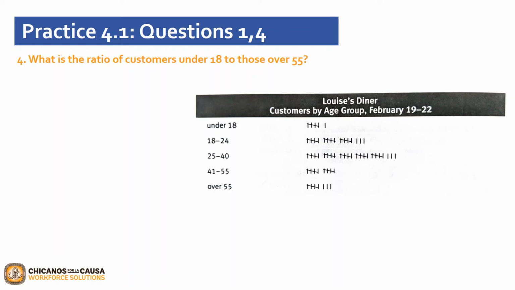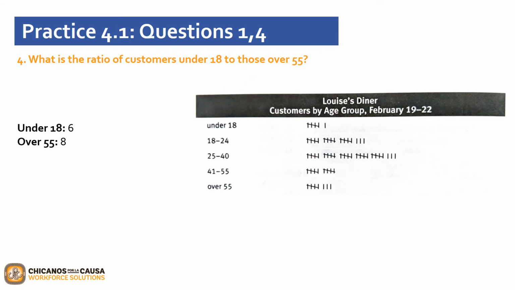Okay, question 4. What is the ratio of customers under 18 to those over 55? Again, we're looking at information from Louise's Diner, but this is asking us to do a ratio, or how we previously saw it, a fraction. So let's look at our data. If we look at the customers that are under 18, which would be that top line in the chart, we have 6 customers.